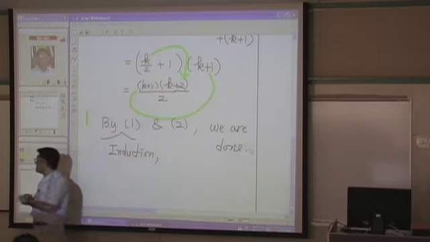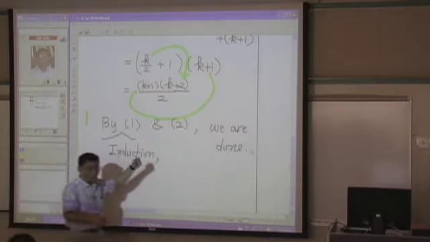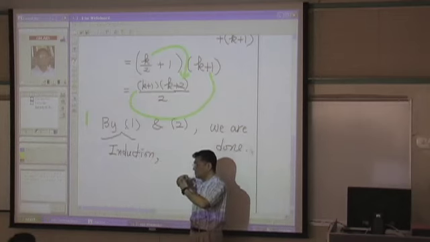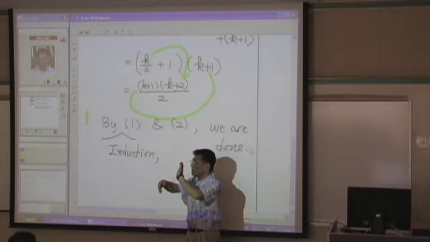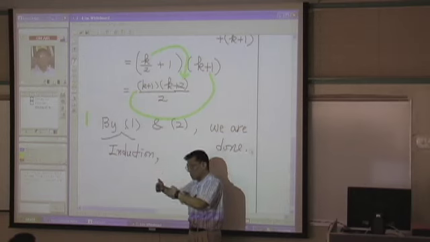Then instead of worrying about the details, let's consider the situation. Because of the second part, what happens? If it is true for K, then it is true for K plus 1. In other words, assume that it is true for 5, then it is true for 6. But because of the same statement, if it is true for 6, then it is true for 7. Do you follow me?